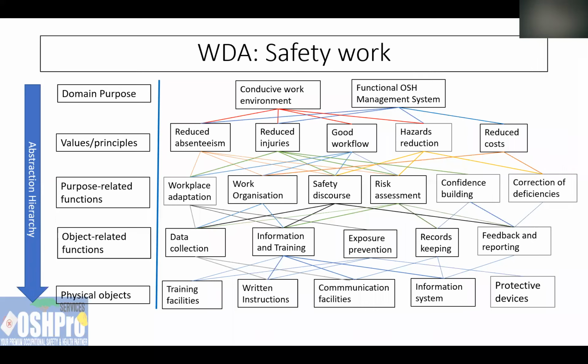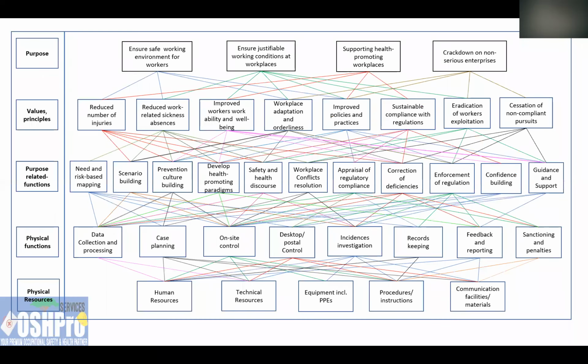This is for audit work, where the purpose was to ensure a safe working environment, ensure justifiable working conditions, support health-promoting workplaces, and crack down on non-serious enterprises. And then you get all these values which you have to deal with, and you have so many purpose-related functions.